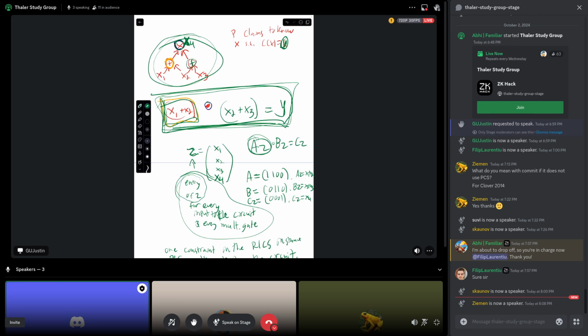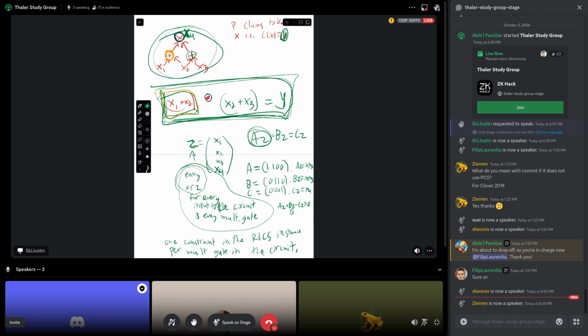And so the R1CS requirement that AZ entry-wise product BZ minus CZ equals 0 is the same as x1 plus x2, because that's AZ, which only has one entry, times x2 plus x3, which is BZ, which only has one entry, minus x4 equals 0.